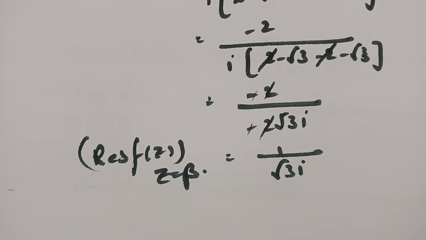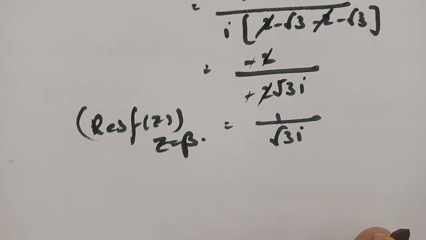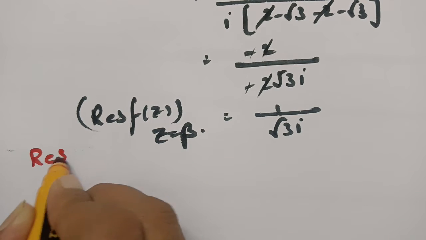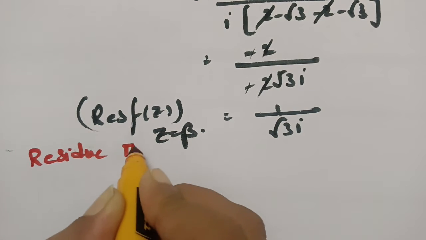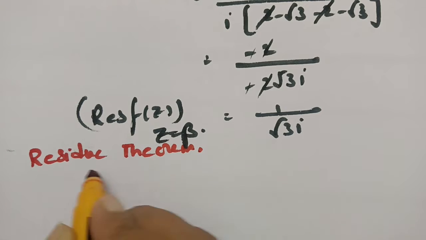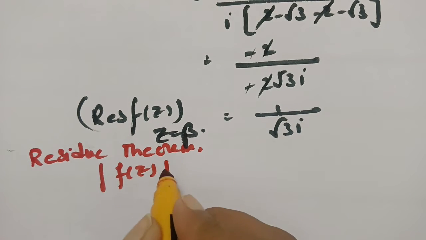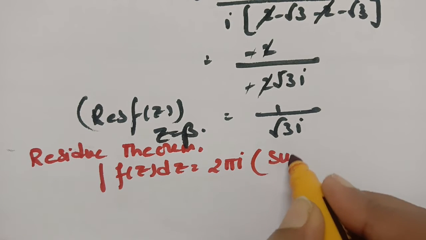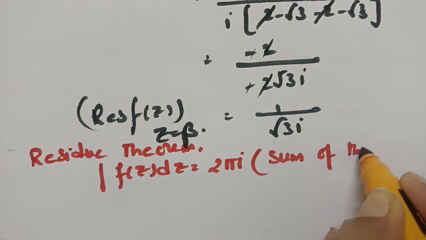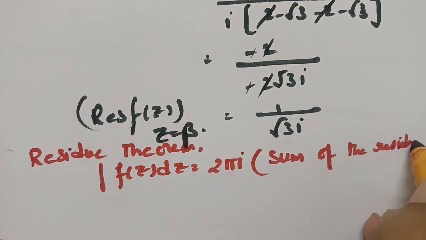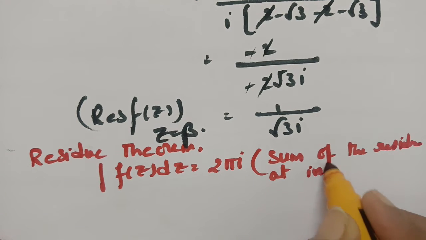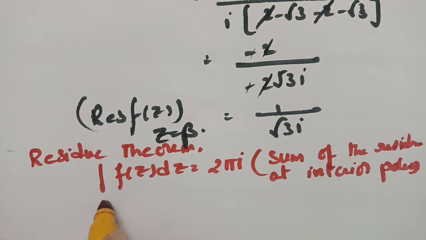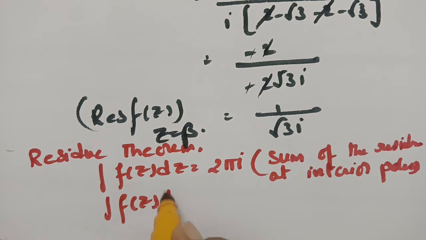Now according to our residue theorem, what does our residue theorem state? According to our residue theorem, integral f of z dz is nothing but 2 pi i times of the sum of the residues at interior poles. So the interior pole here is beta.